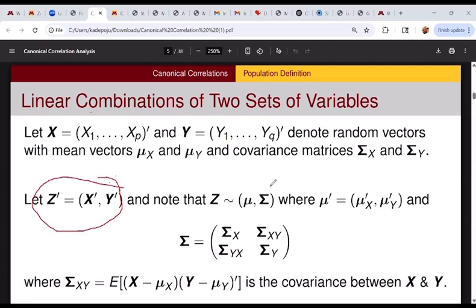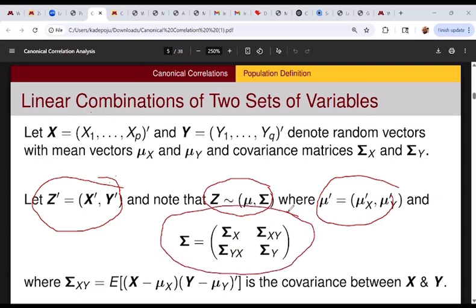Combining the two sets, you know, follows a normal distribution. This is going to be the mean and this is going to be the covariance. I want you to take note of that. We are combining the two sets now because to be able to figure out the canonical correlation, it is expected that we combine the two sets.